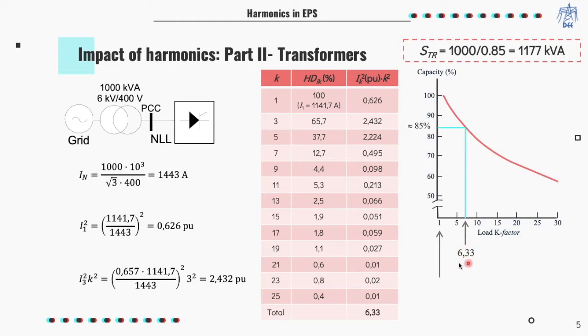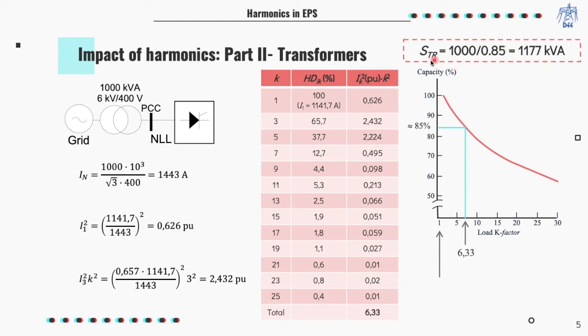This factor allows us to review the nominal power of the transformer. In order to do this, we must plot the K factor in a transformer rating curve, obtaining the capacity factor, which allows us to determine the correct nominal power of the transformer in presence of nonlinear loads. To obtain this value, we must divide the nominal power by the capacity factor calculated before.